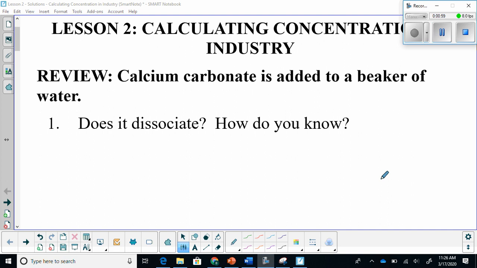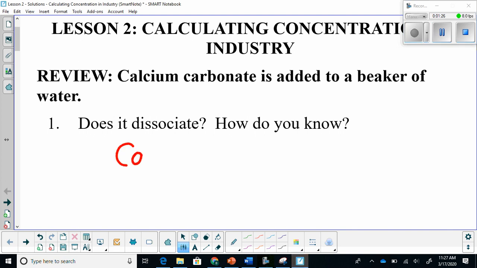Okay, so let's go through this. It says calcium carbonate is added to a beaker of water. It asks us, does it dissociate? And how do you know? In order for it to dissociate, it needs to separate into ions, and for that to happen, it needs a high solubility. So you're going to go to page 6 of your data booklet and use your solubility chart.